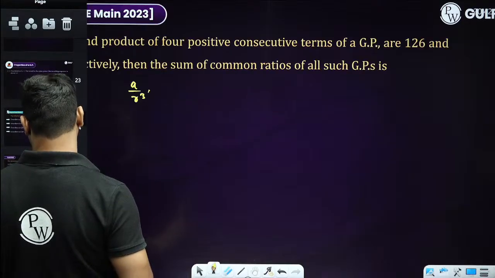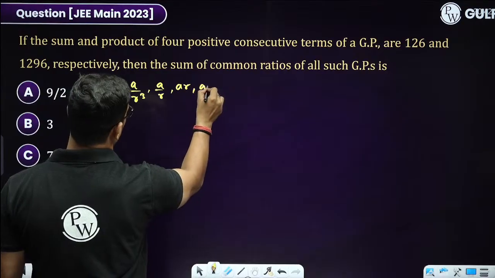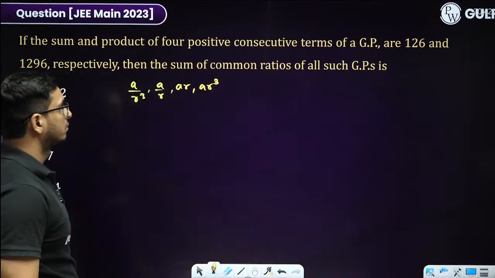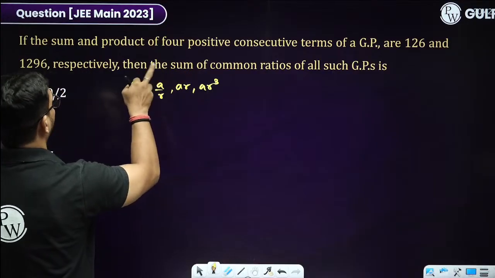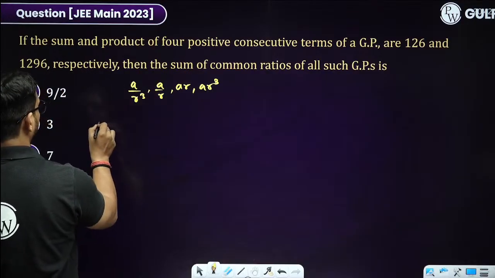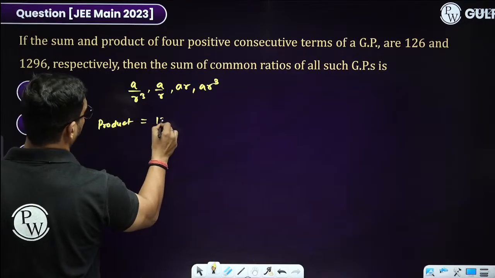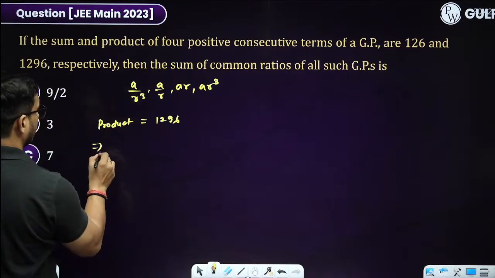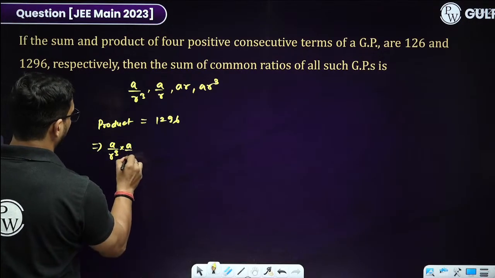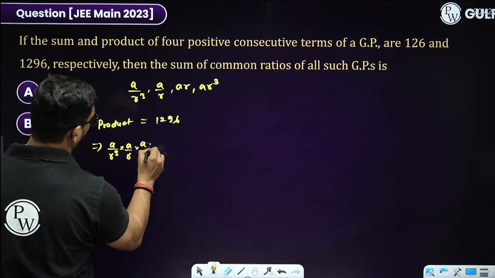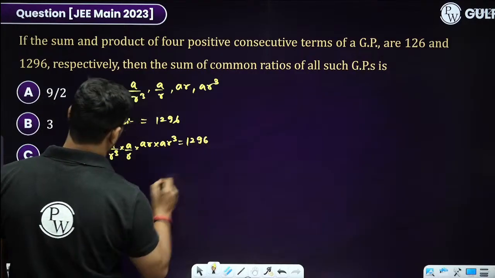Okay, and they are saying sum and product. Product is given, 1296. That is A by R cube into A by R into AR into AR cube equals 1296.